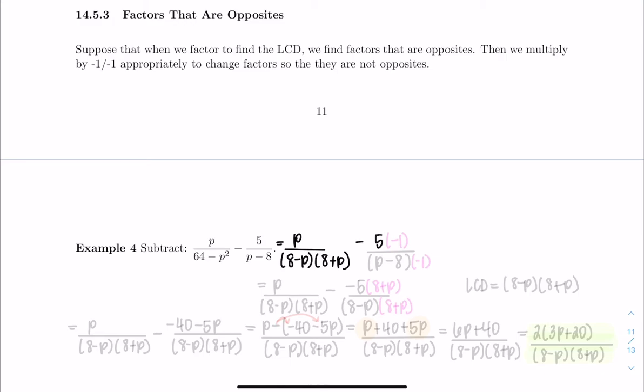minus 5 over, we can't do too much with the p minus 8, and so we need to find the LCD. So if we notice, 8 minus p and p minus 8 are opposites. So I am going to multiply this second fraction by -1 on the top and bottom.